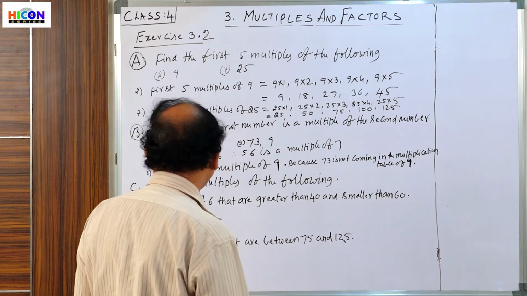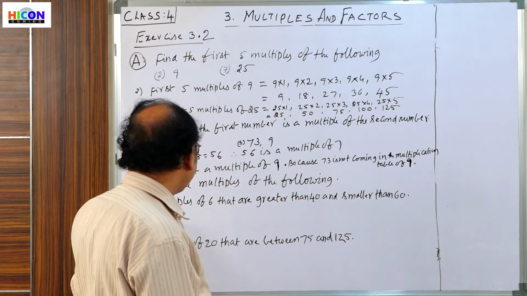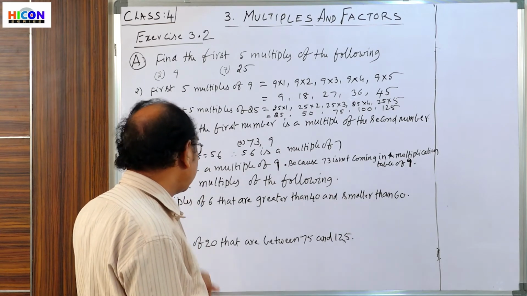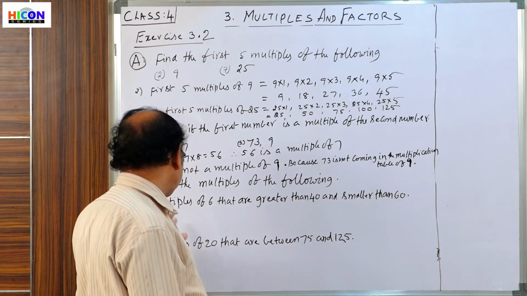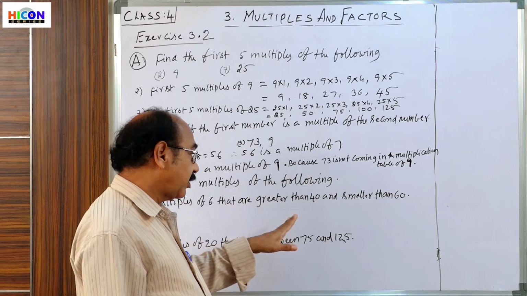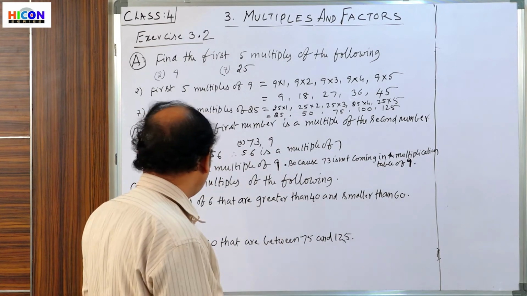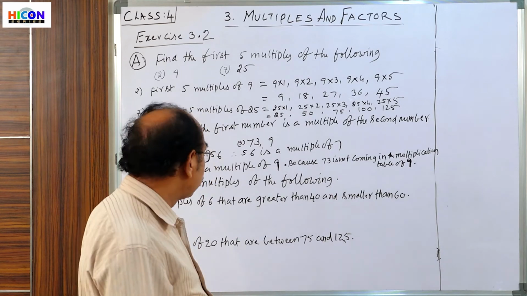Like that. Okay, children. Now see, under this section, next we come to section C. Write the multiples of the following. First question: multiples of 6 that are greater than 40 and smaller than 60. Multiples of 6 we want.